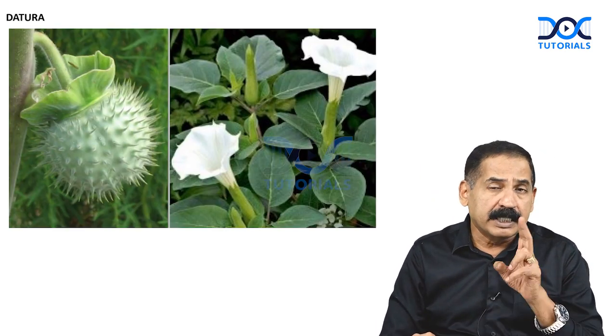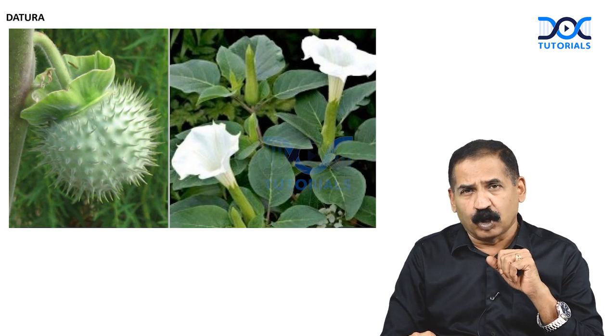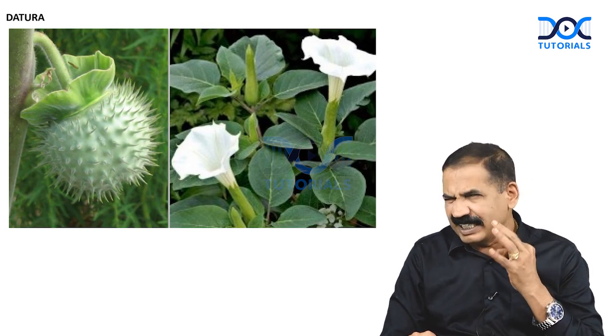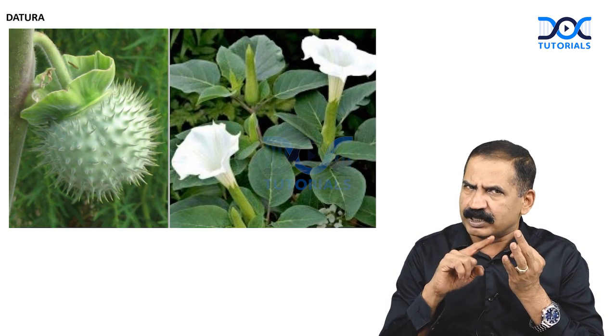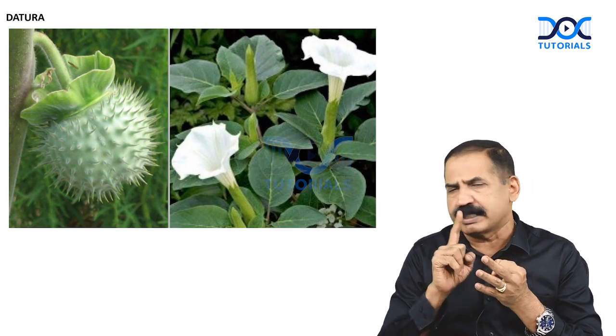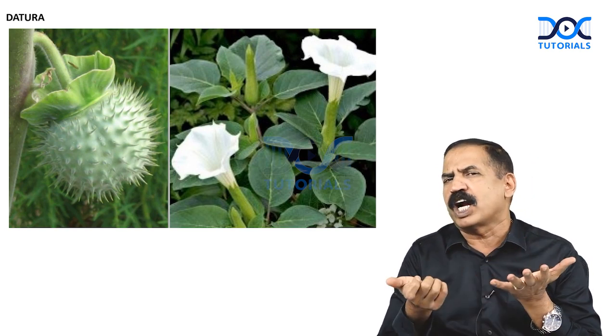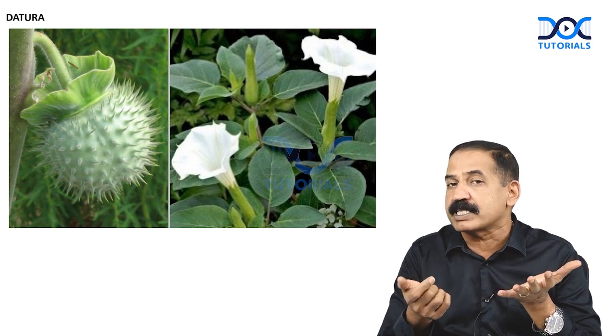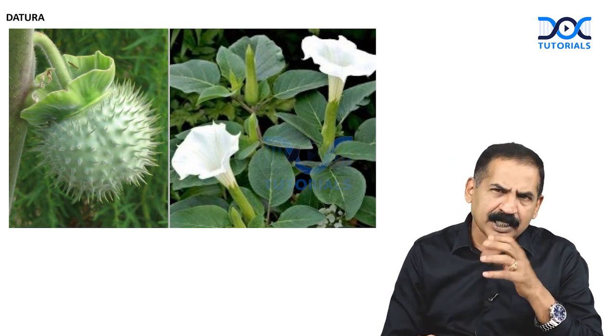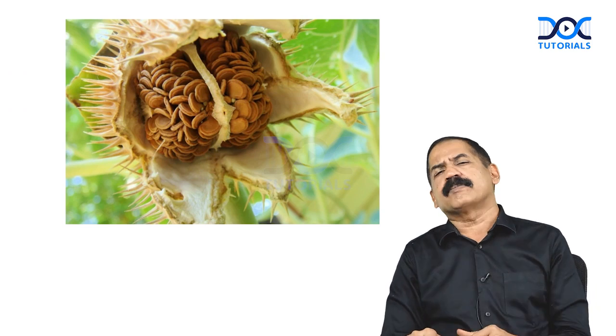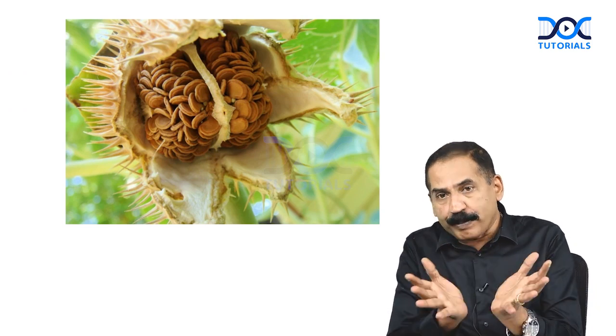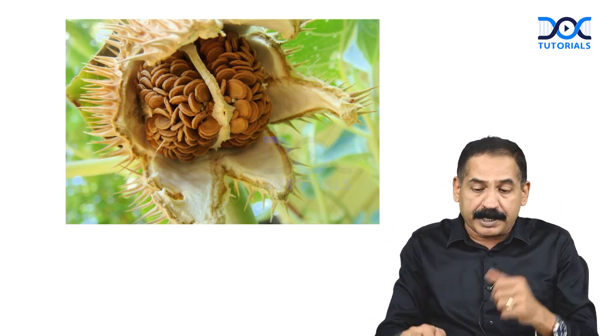Datura, a deliriant poison. Normally we deal with 3 most important deliriant poisons: number 1 datura, number 2 cocaine, number 3 cannabis, and 4 and 5 like atropa belladonna and hyoscyamus niger. Datura is also known as thorn apple. Once it dries and opens, you can see more than 200-300 seeds.